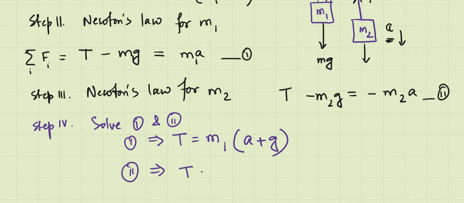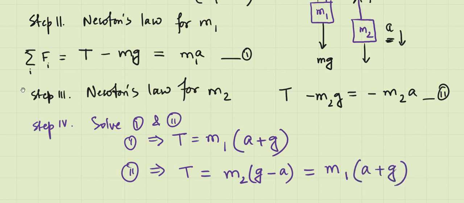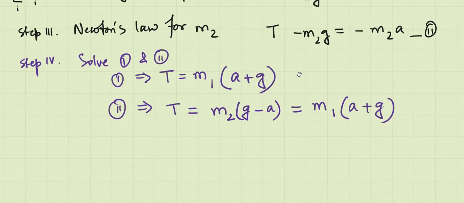T equals m2 times g minus a, but from 1 it should be equal to m1 times a plus g. Alright, so since they are both T, they have to be equal, and can I solve them? I think I can.